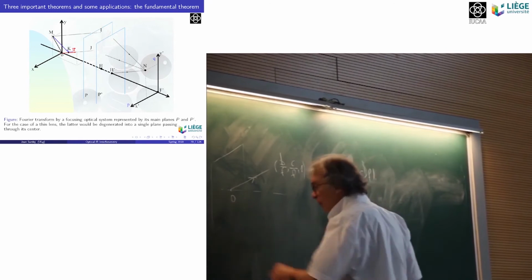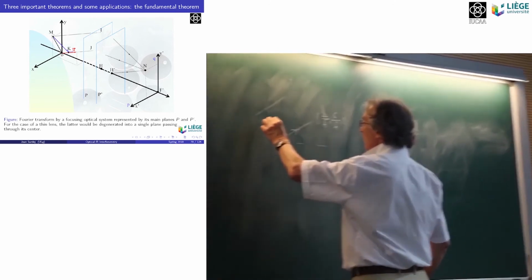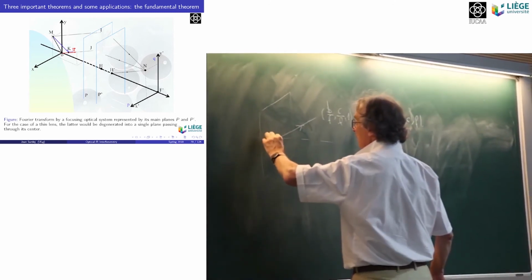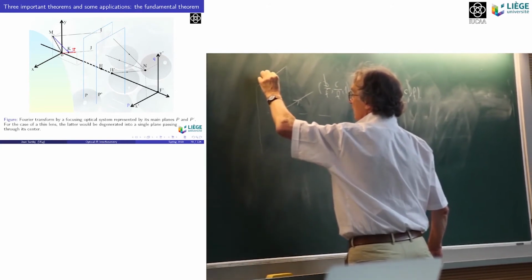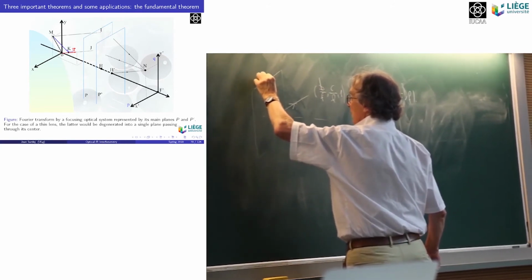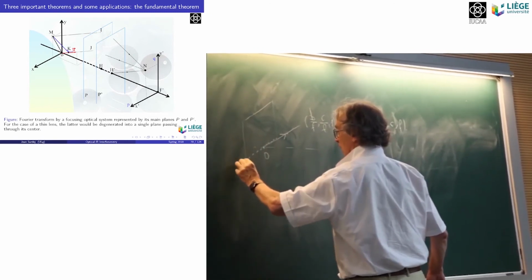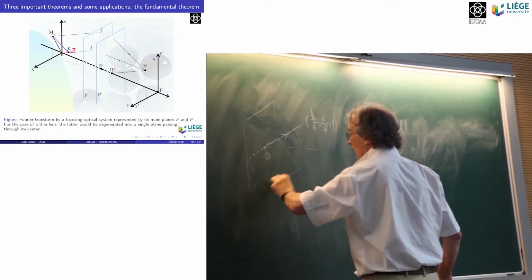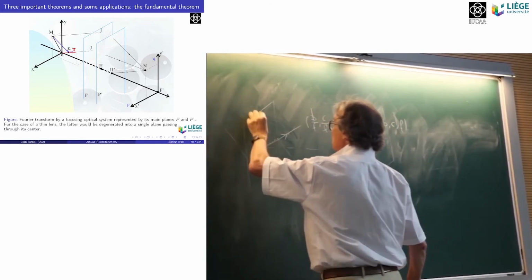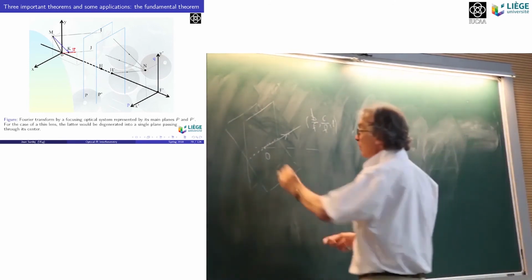Now the plane wave, I don't know if I will be able to properly represent it, because now it will be tilted. So the plane wave would be something like that. I'm exaggerating a little bit, just to see.